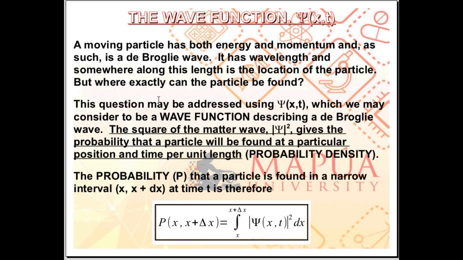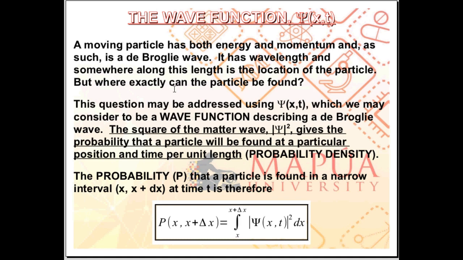Now, normally, say in mechanical waves, the wave function basically describes how the mechanical wave affects the medium through which it travels. So, for example, y is equal to cosine of (kx plus or minus omega t). That's a typical equation for a sine wave.